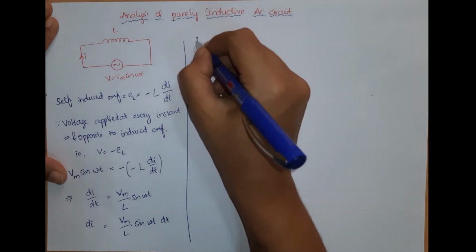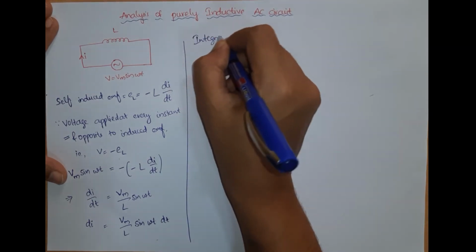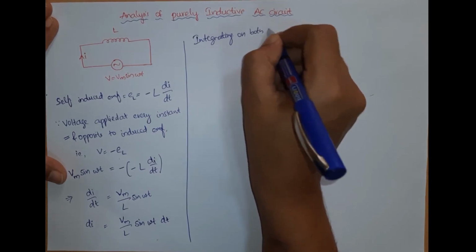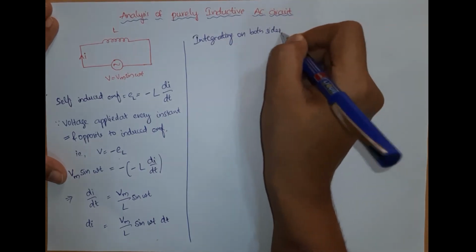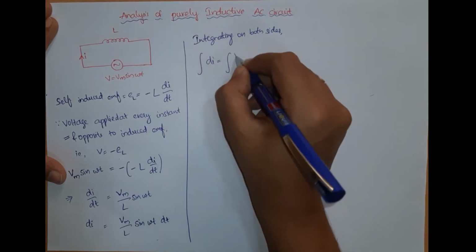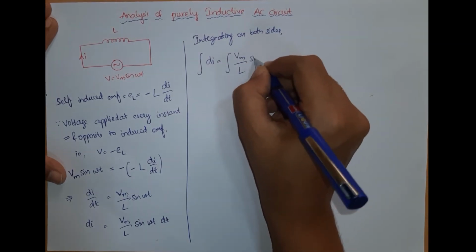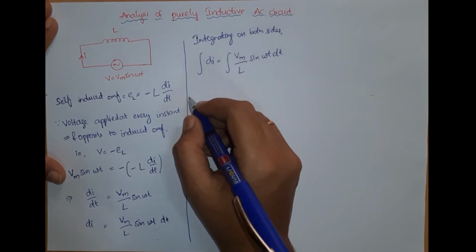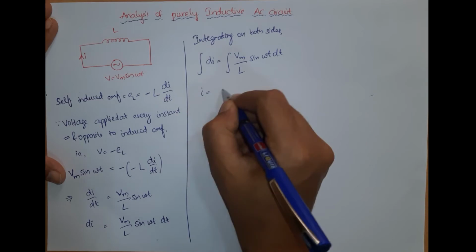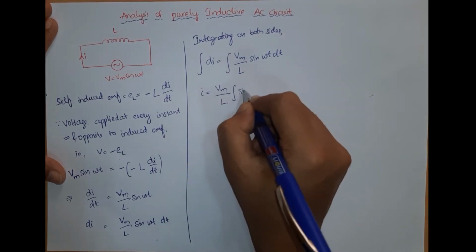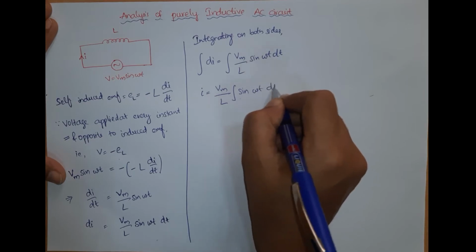So now integrating on both sides, integral of di equals integral of Vm by L sin omega t dt. I will be getting I equals Vm by L outside, integral of sin omega t dt.